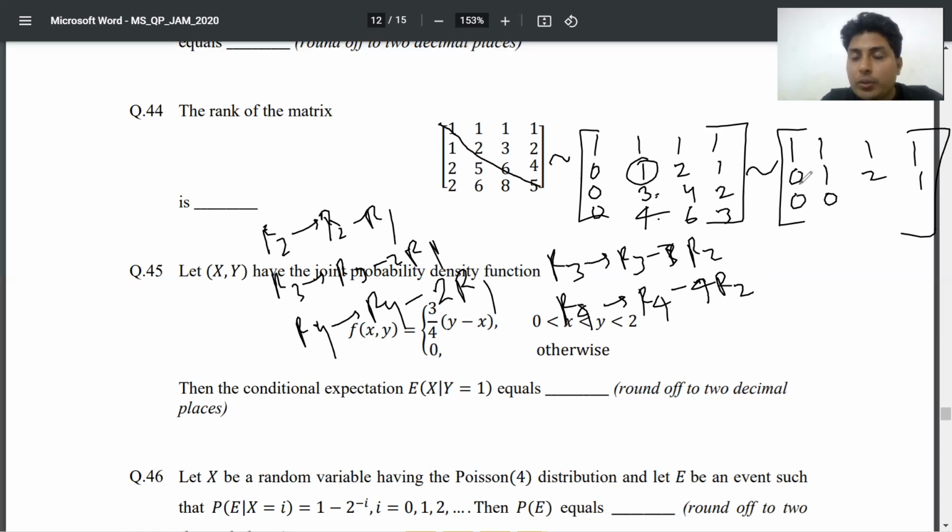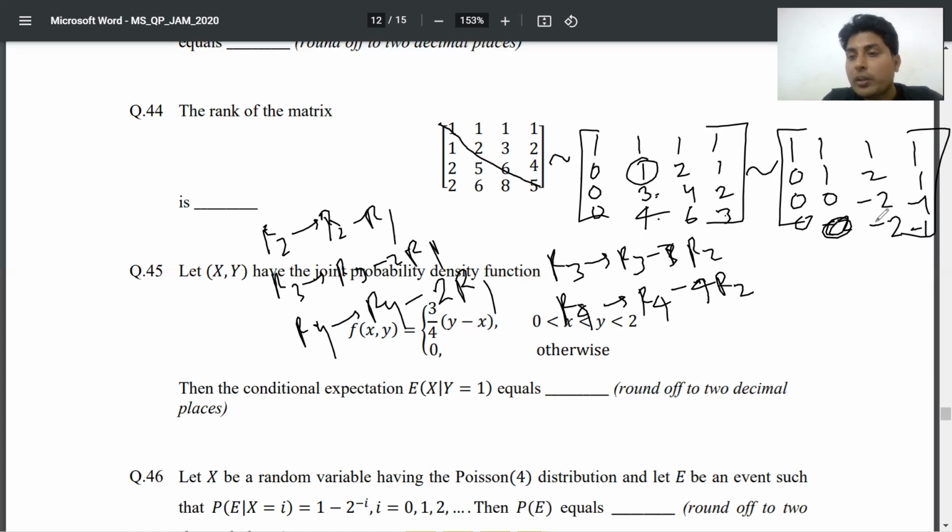That is 0, 0, 4 minus 3 is 1, 6 minus 2 is 4, wait, 4 minus 6 gives minus 2, and 2 minus 3 is minus 1. For the fourth row: 4 minus 4 is 0, 6 minus 8 is minus 2, and 3 minus 4 is minus 1.